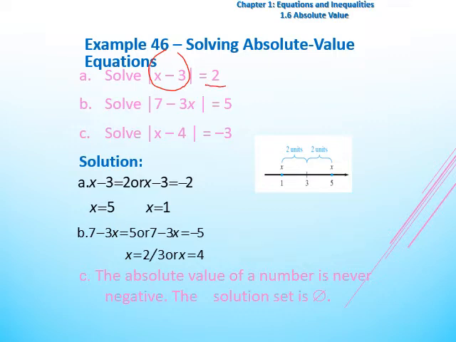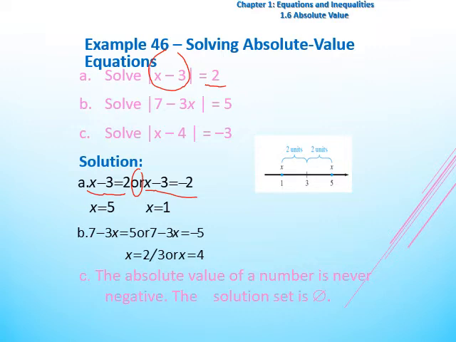So we put it in this form where x minus 3 equals 2 or x minus 3 equals negative 2. We eliminate the absolute value sign, get two equations like this, and solve using the equation steps as normal.